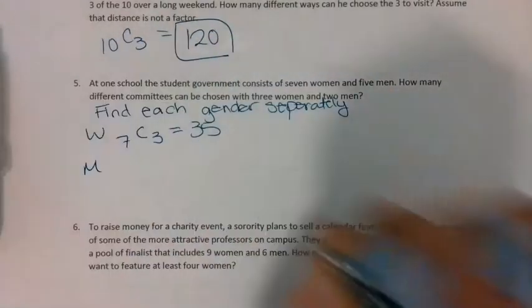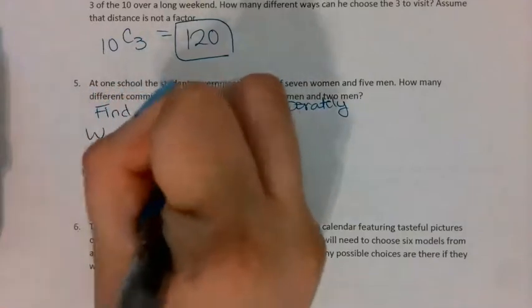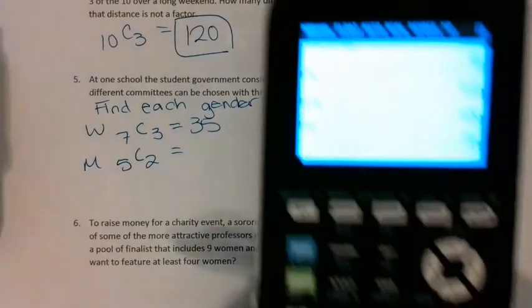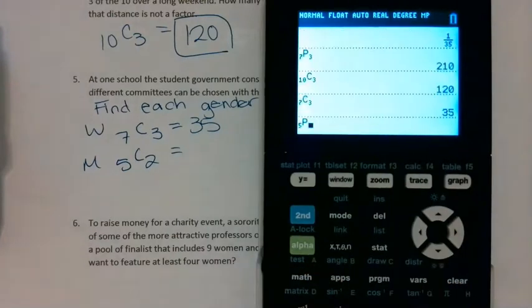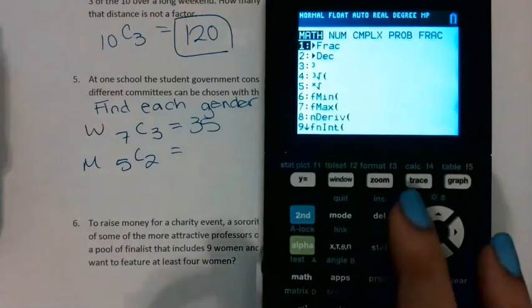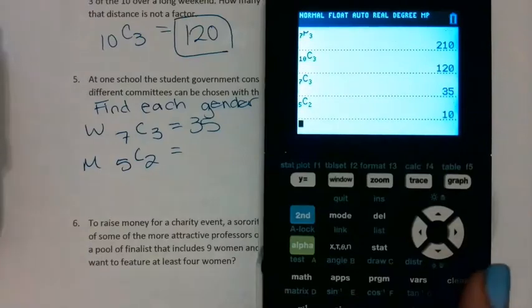Then for the men, there are 5 of those, and 2 are going to be on this committee, so 5C2. Which gives me 10. Okay.